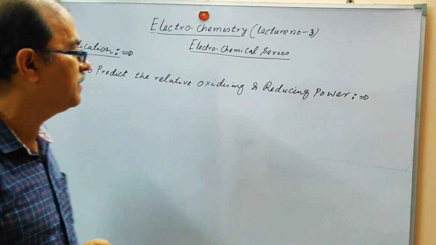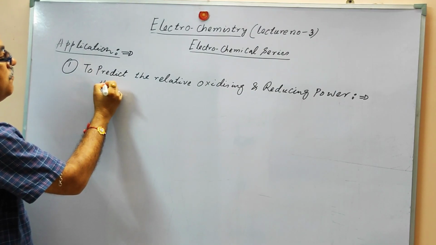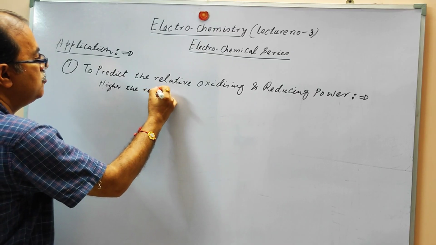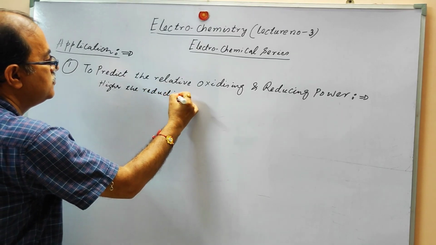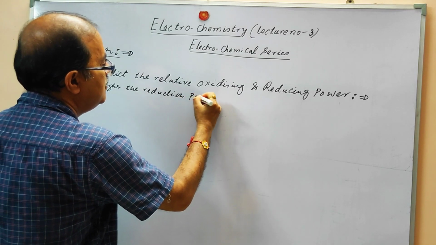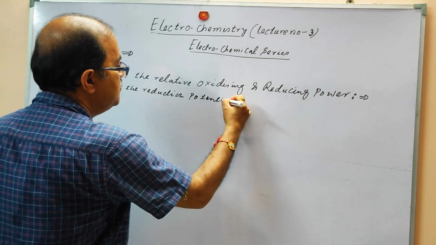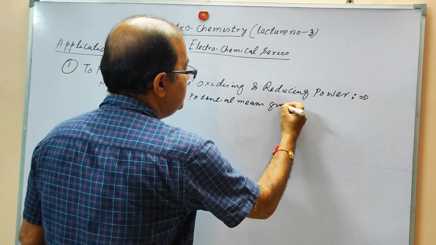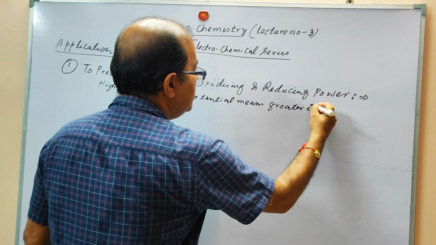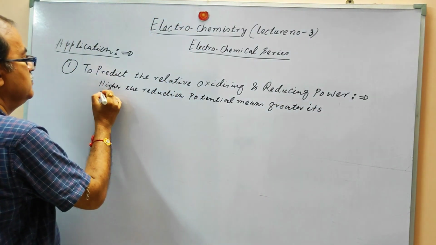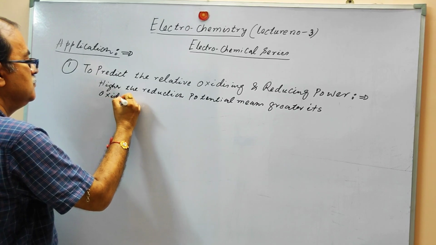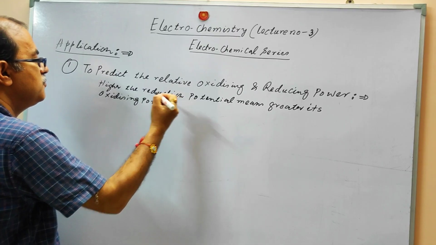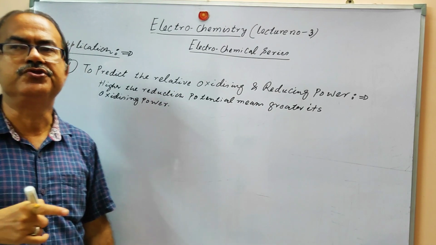You can easily understand from this that the higher the reduction potential, the higher the electrode potential, that is the reduction potential, the greater is the oxidizing power, and the lower the reduction potential, the greater is the reducing power.